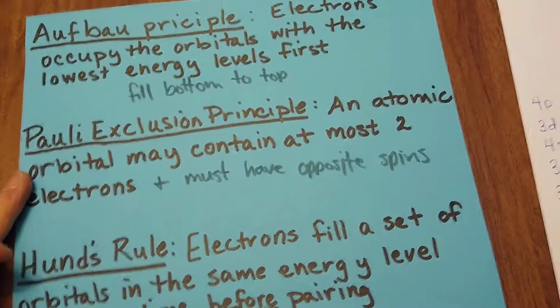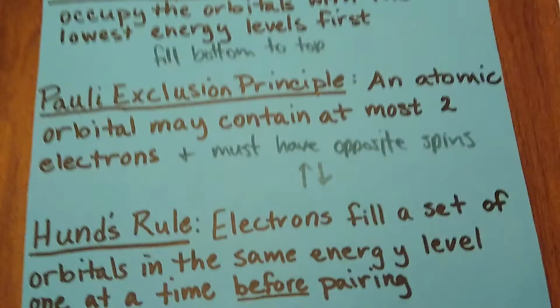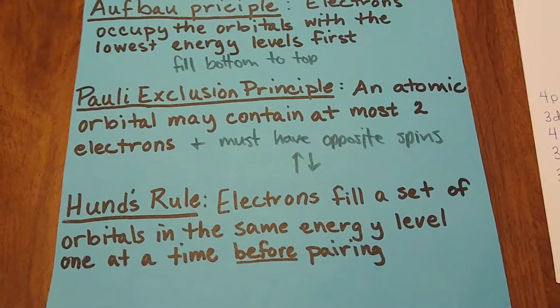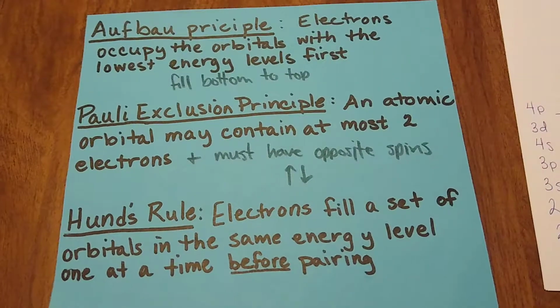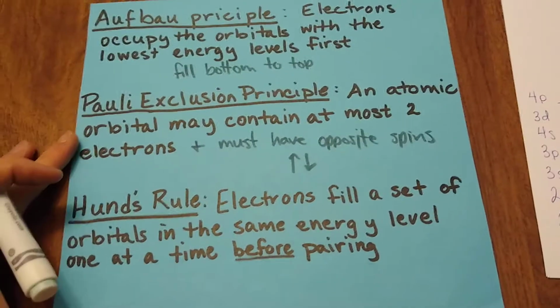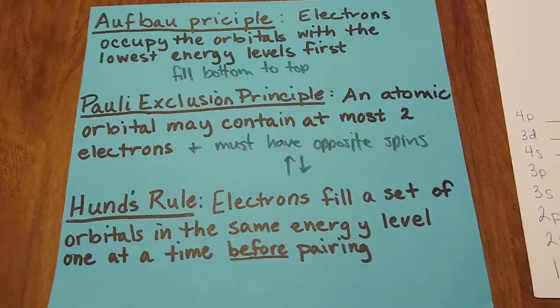The way that we show that is with an arrow pointing up and an arrow pointing down. One of those is 1 electron, the other is the other, and the direction of the arrow is indicating spin, which is a quantum mechanical property, advanced particle physics. If you're interested, take it in college.